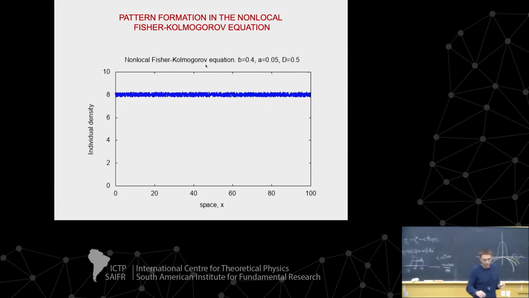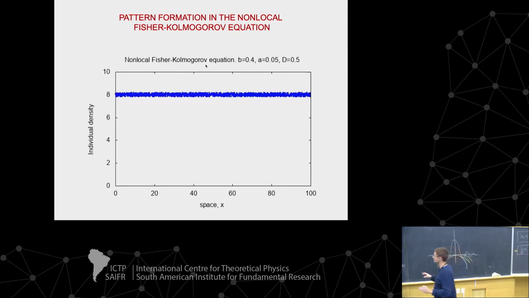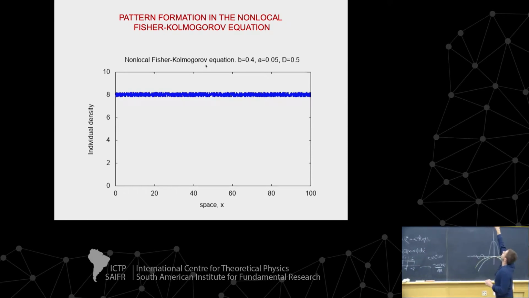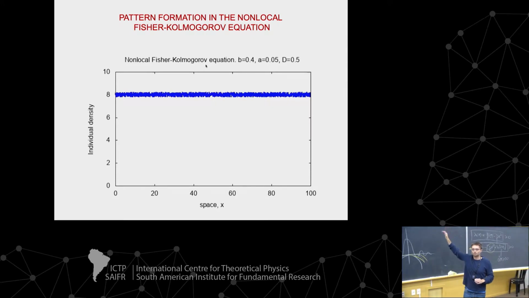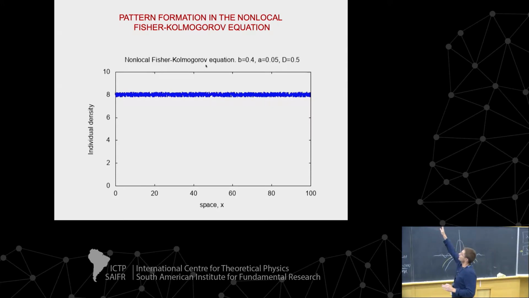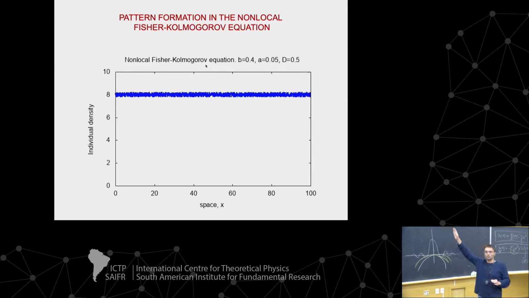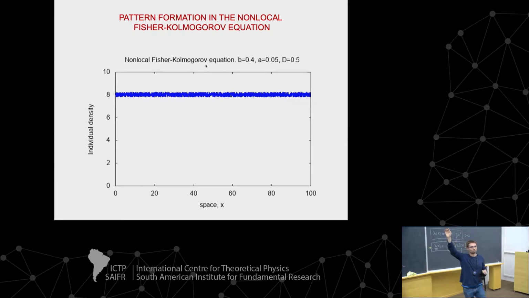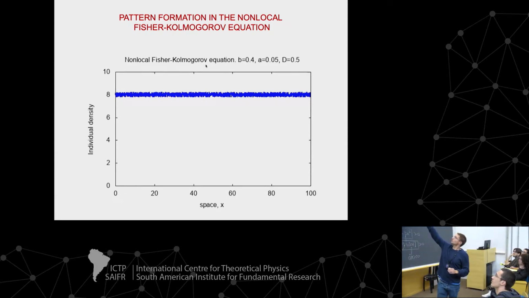But the thing that I'm going to show you is just the integration of this equation, with this non-locality, for the set of parameters that you have up there, okay? What I'm doing is starting from a density, A, which is mu.